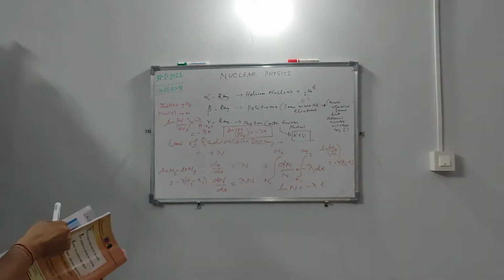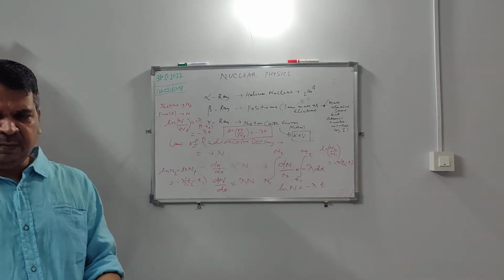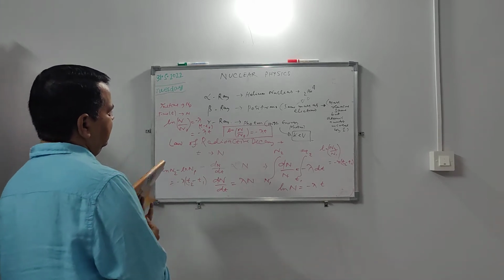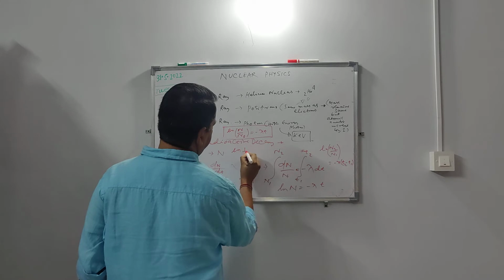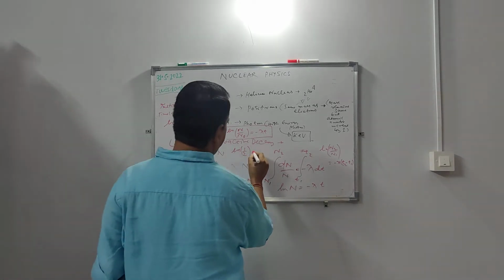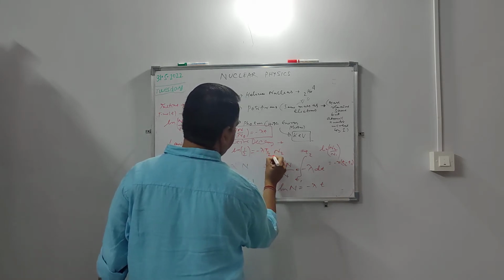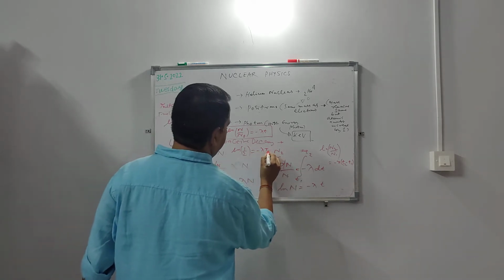In that case, ln of half is equal to minus lambda into t half. This is t half.